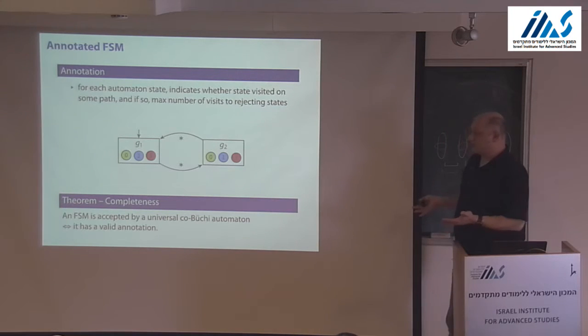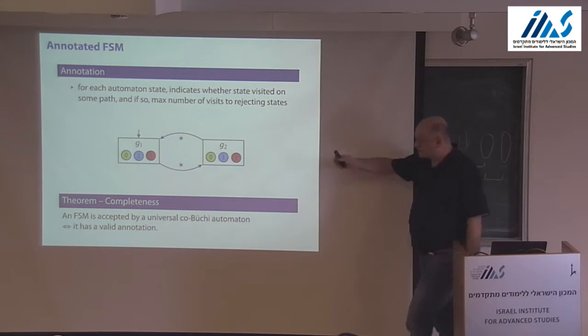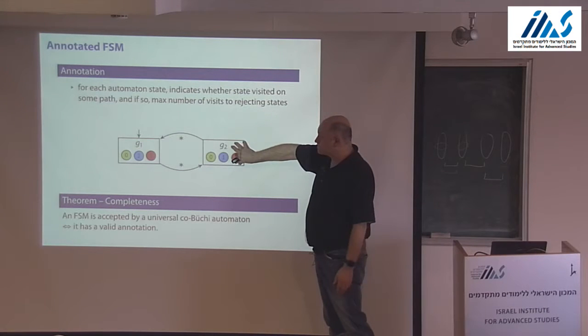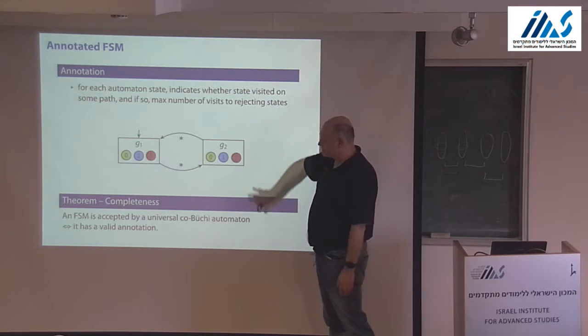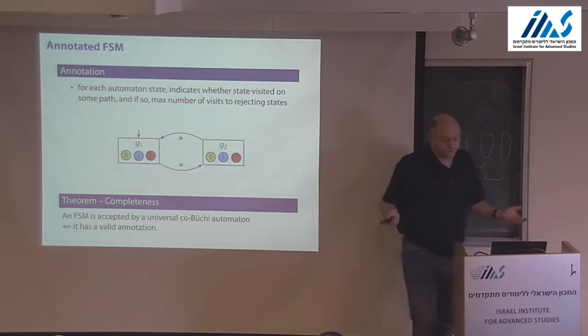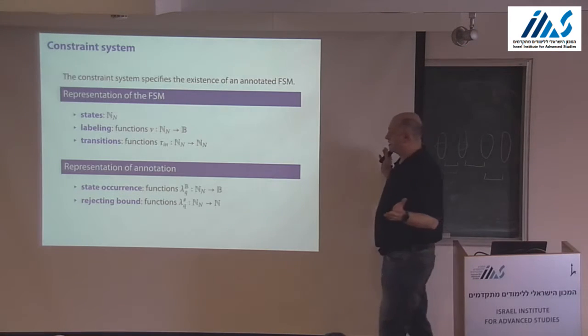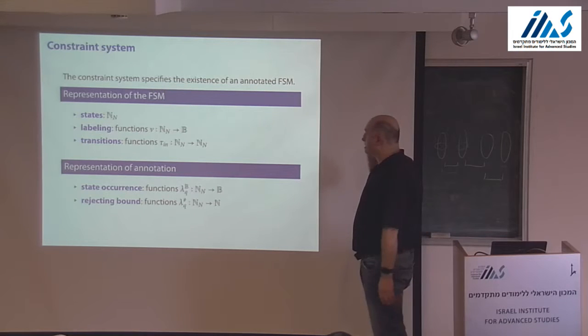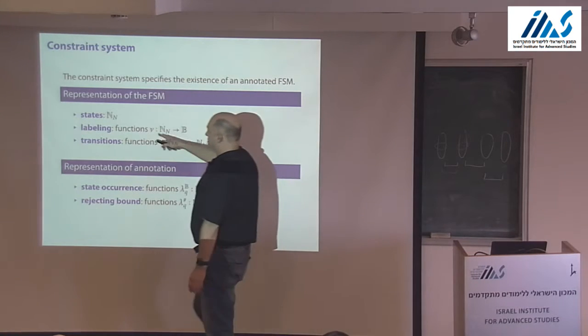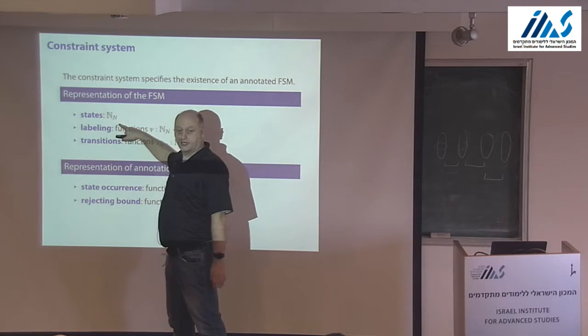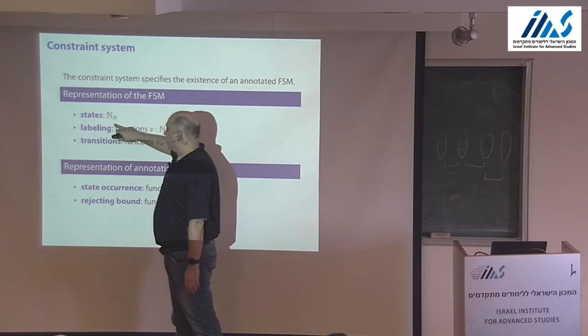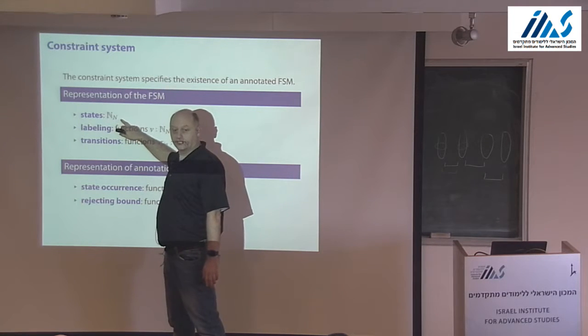Now, how do I describe the existence of both the finite state machine and its annotation? Well, I can do it like this. There might be many ways of describing that. I'll use a subset of the natural numbers as representatives of the states. I have this bound on the number of states, right?